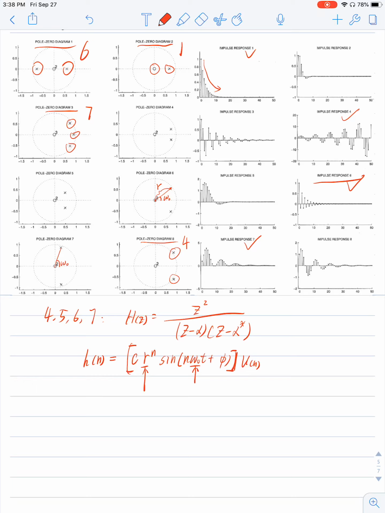Here is omega 0, and here is r. The bigger omega 0 means higher frequency, and bigger r means slower decaying speed.